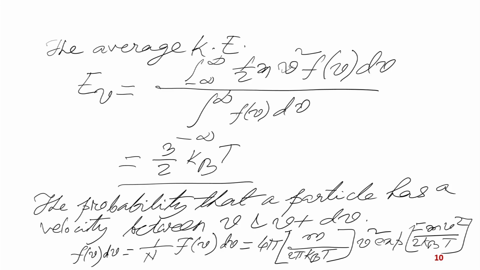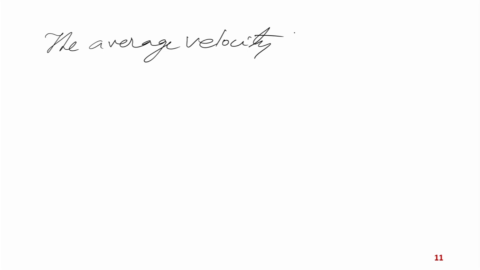Now, if I know this, then we can find the average velocity, then the RMS, all those things we can find out. The average velocity is also called the expectation in statistics.